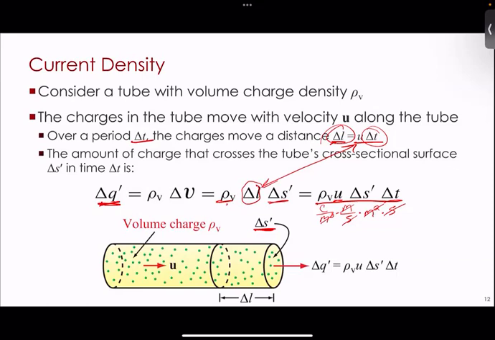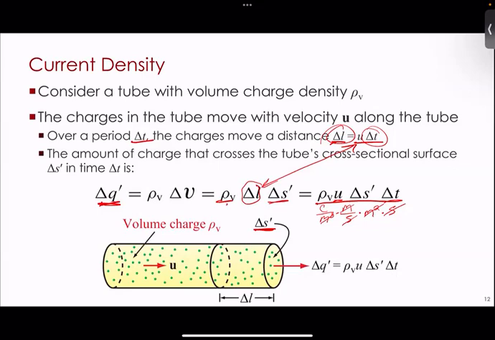So the normal to that delta S surface, which is like the cross-sectional area, like the end of the pipe, is in exactly the same direction as U. So that's why we've dropped the vectors here, and why everything in this equation is written in non-bolded, italicized letters. That's because everything's perfectly aligned, but we want to make this generic for any situation.